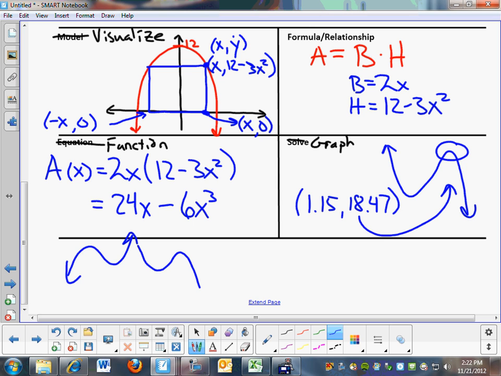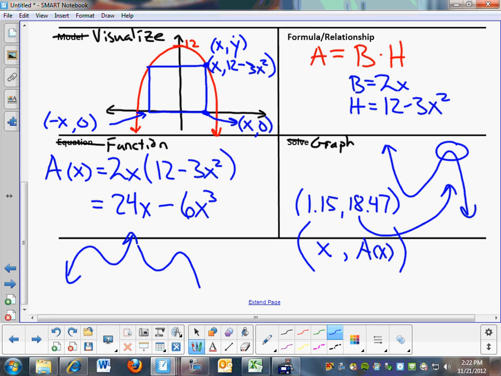That's that coordinate. Let's understand what it means. 1.15 is my x value. 18.47 is my y value, or A of x. What that means is if I go 1.15 units to each side of the origin, I'm going to end up with an area of 18.47.